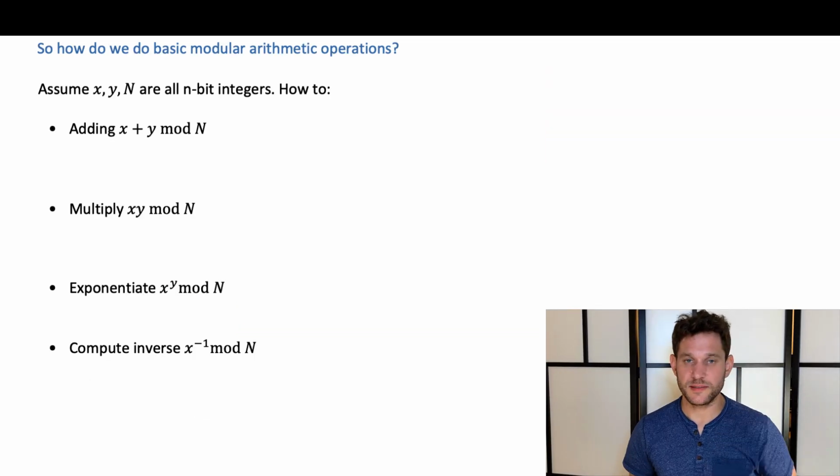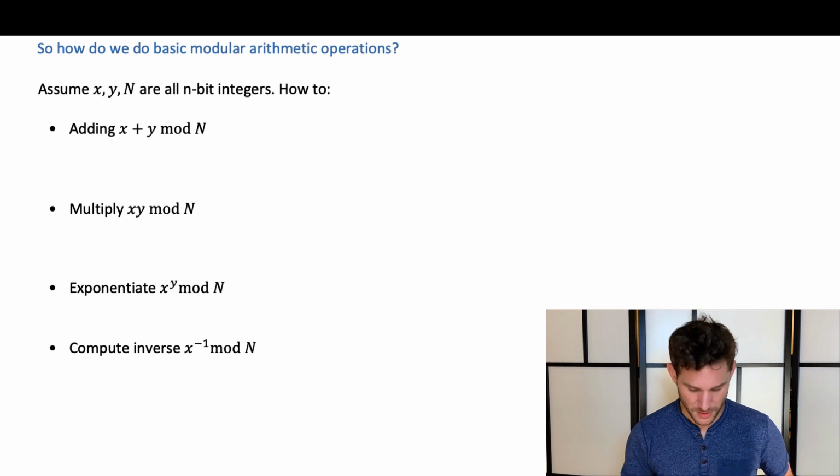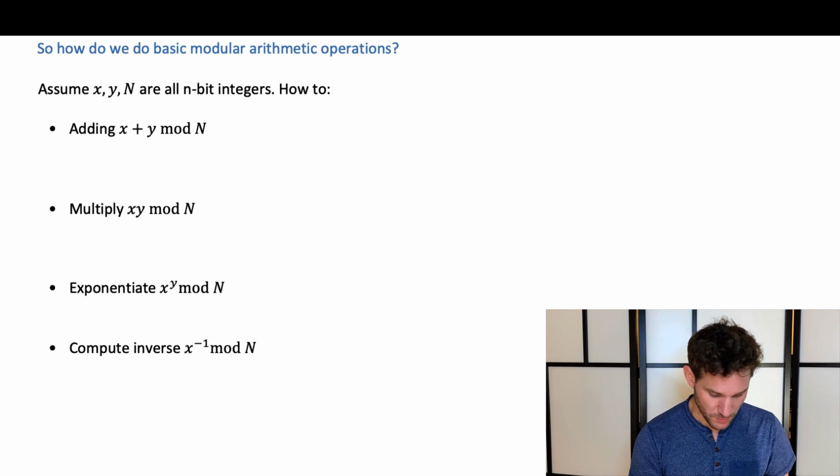Okay, so let's get back to trying to answer the question of how to do some of these basic operations. Let's say we have x, y, and capital N are all little n-bit integers. How do I simply add x and y modulo N? This is actually pretty straightforward, right? First, you just add x plus y as integers.